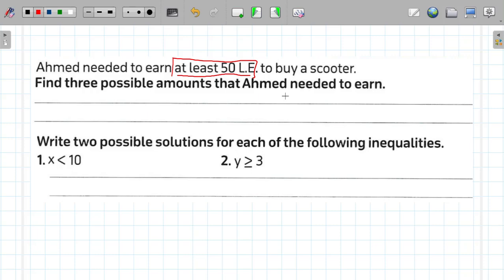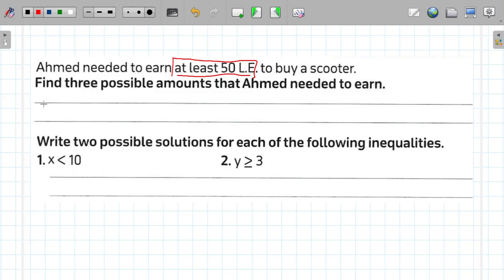So I cannot earn less than 50. Ahmed cannot earn less than 50 pounds. Okay, so I want values that may be more than 50 or equal 50.